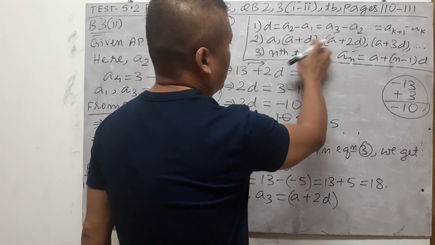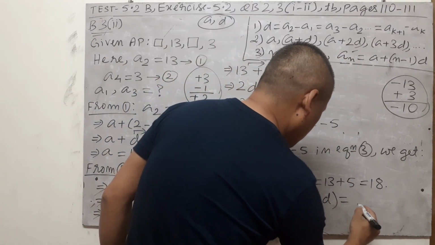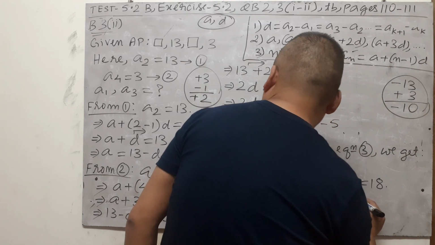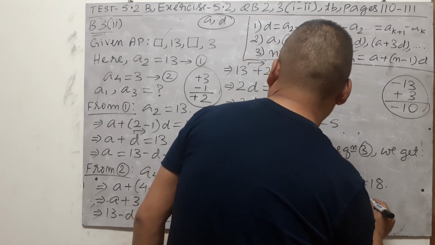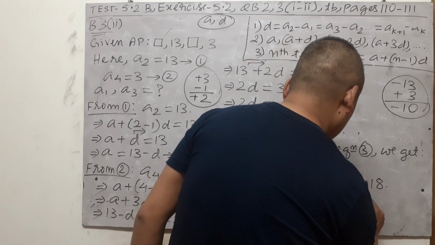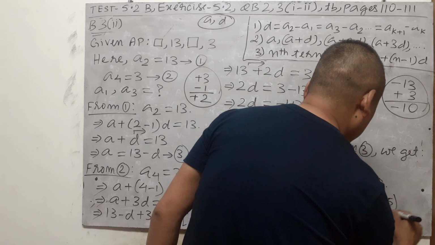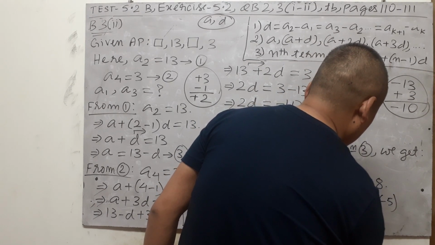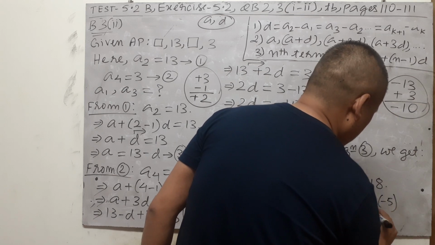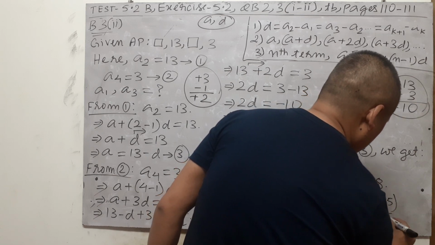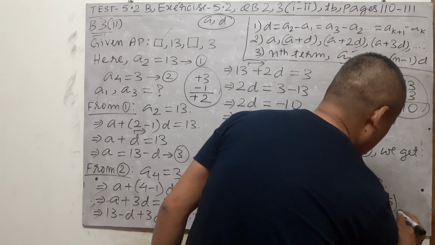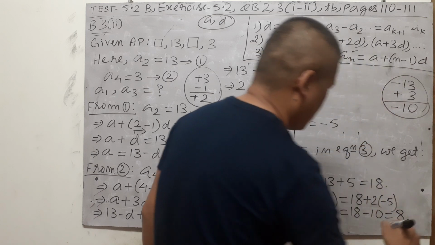See here, A1, A2, A3, which is equal to, A is now, you found out just now, 18 plus 2 into D is minus 5, which is 18 plus and minus, minus 2 5s are 10. So which is 18 minus 10 is plus 8.